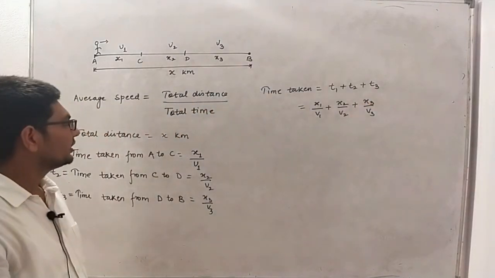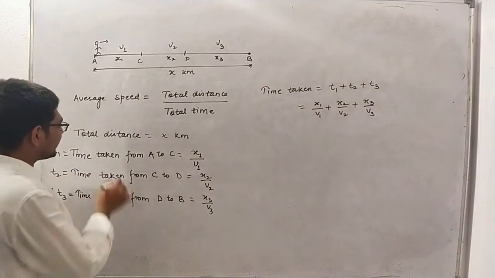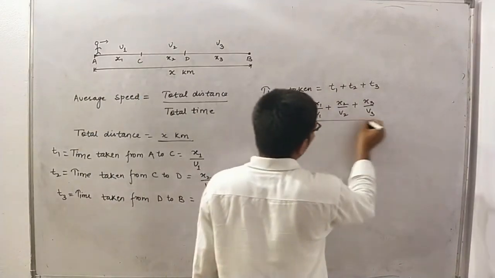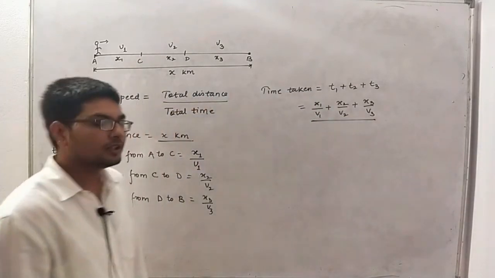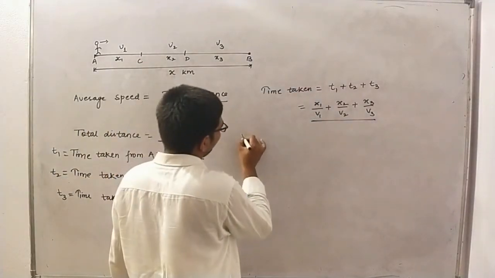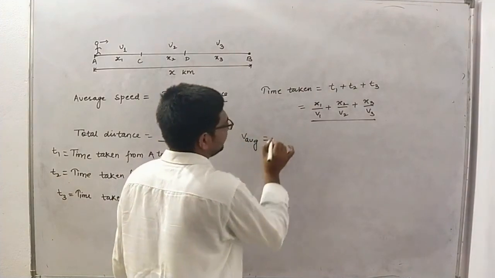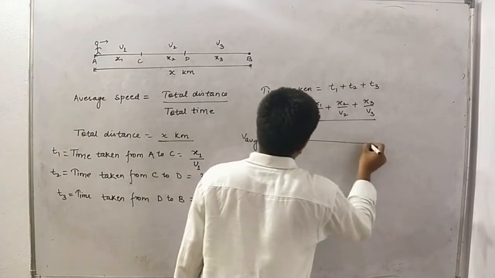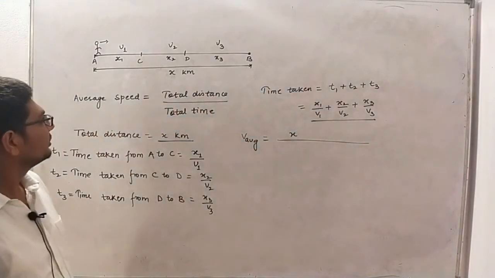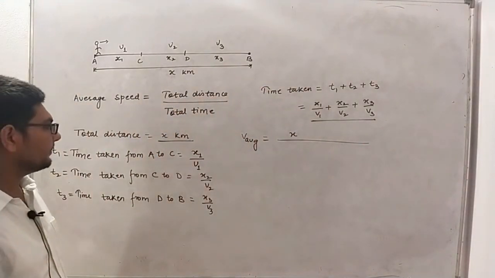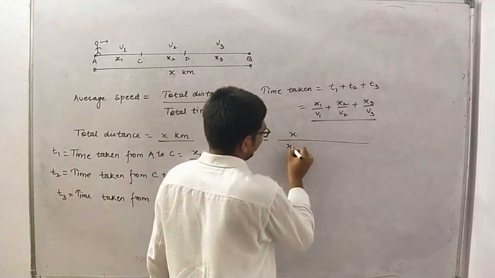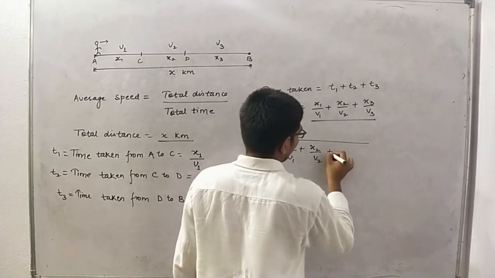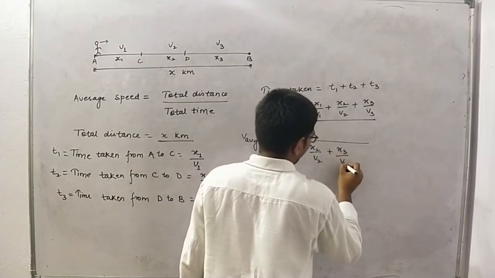Right? How much distance has he traveled? x kilometers. How much total time has he taken? He has taken this much time. So what will be his average speed? His average speed will be equal to x upon x1 upon v1 plus x2 upon v2 plus x3 upon v3.